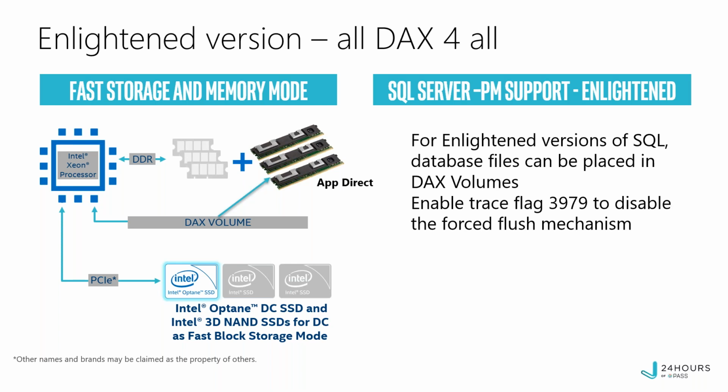So you're going to mount an XFS or ext4 volume with the DAX flag, which is the direct access flag, and place your SQL databases and SQL database files on top of it. And one point is to enable trace flag 3979. So you disable some of the forced flushes that we won't need, obviously, for the persistent memory side.